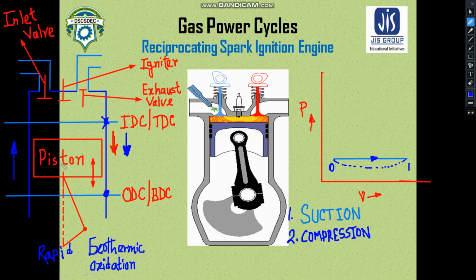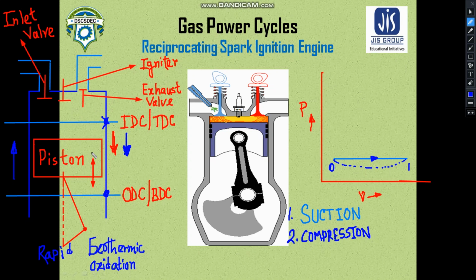Now, what kind of thermodynamic process is this compression? Ideally it is considered an isentropic compression. Since it is a closed system, and it is also insulated so that no heat transfer happens with the surroundings, we consider it a reversible adiabatic process.